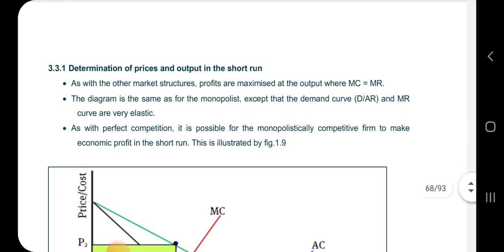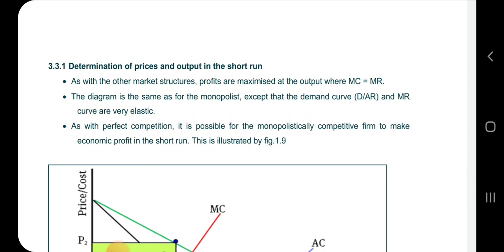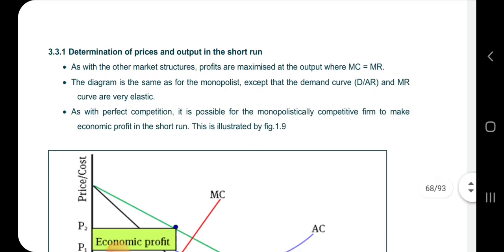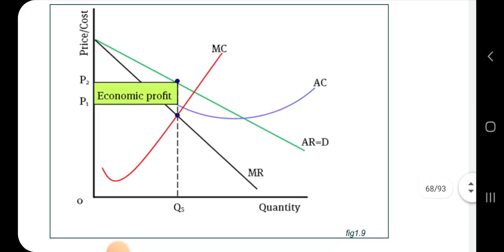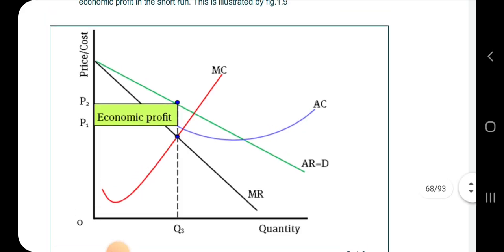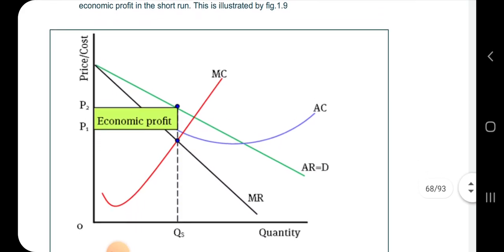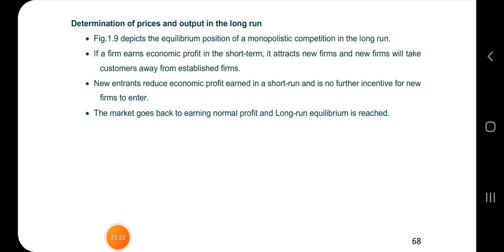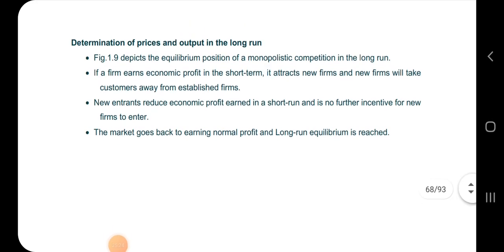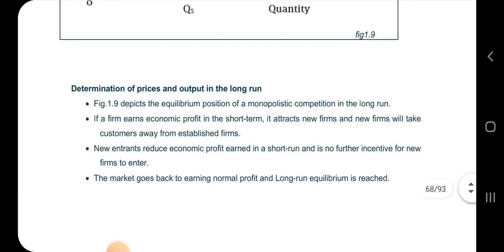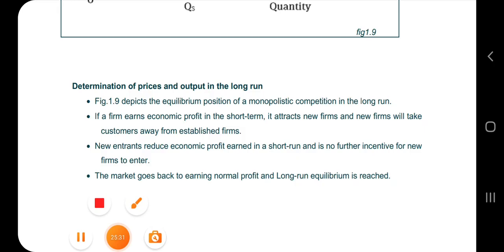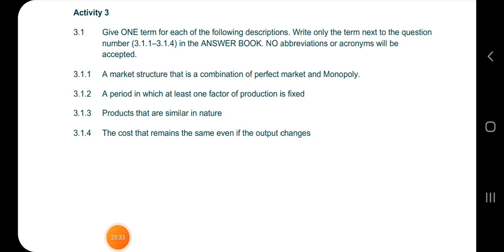So determination of price and output in the short run, this is what determines the price here in monopolistic competition. And there is a curve, and then there is the explanation. You can write that down and see what means what curves in the next video. And then you have activity 3 that you can do quickly.